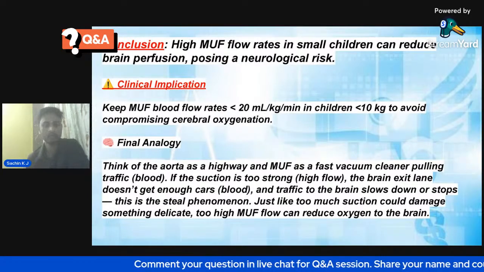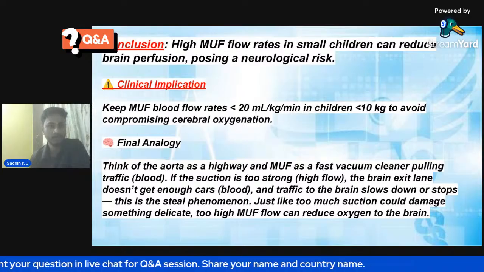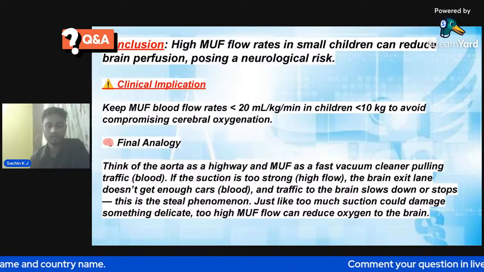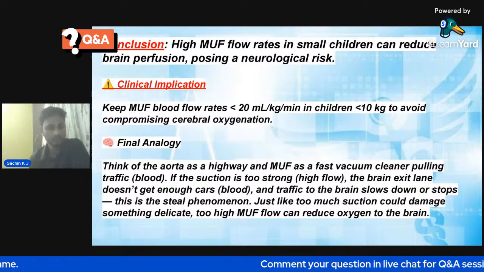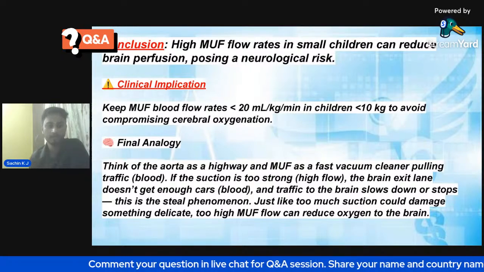Next. Conclusion: high MUF flow rates in small children can reduce brain perfusion, posing a neurological risk. Clinical implications: keep MUF blood flow less than 20 ml per kg per minute in children less than 10 kg to avoid compromising cerebral oxygenation.